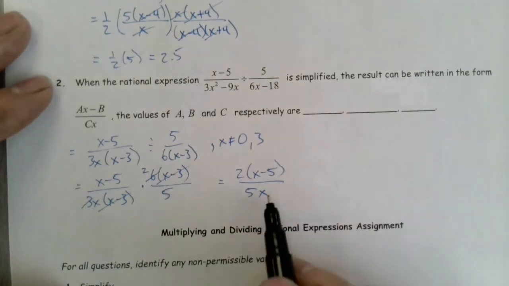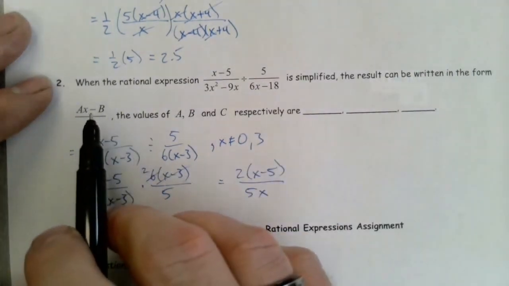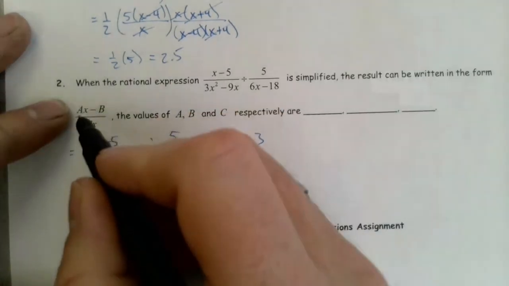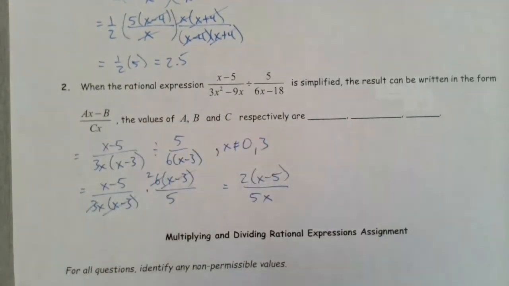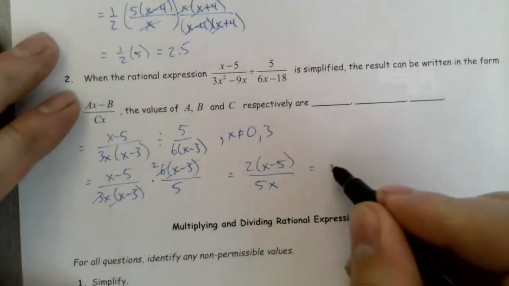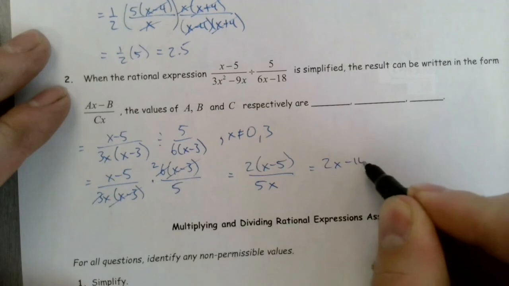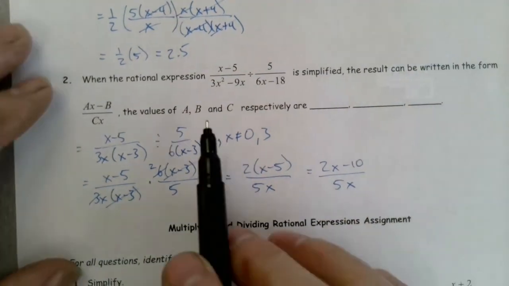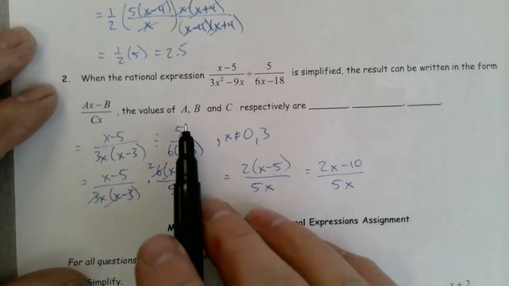And now I need to make sure that this looks like the form that they want me to leave it in. And if you take a look here, notice that there's no brackets, there's no parentheses. So whatever had been factored out has been multiplied through. So let's multiply that through. We get 2x minus 10 over 5x. And so now, comparing this here, what are my values of a, b, and c?